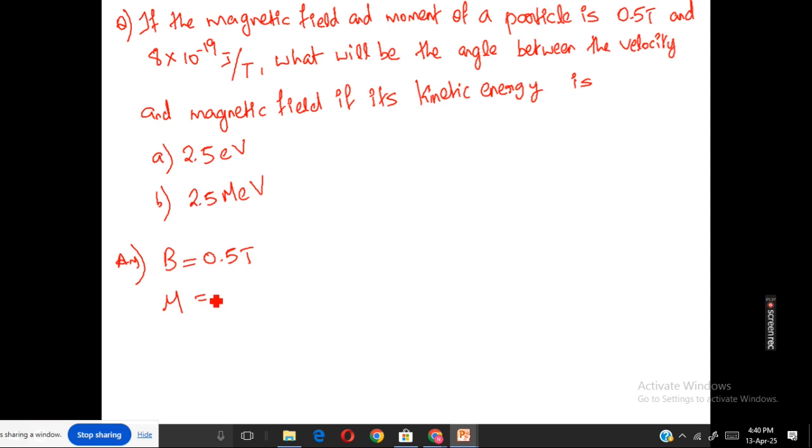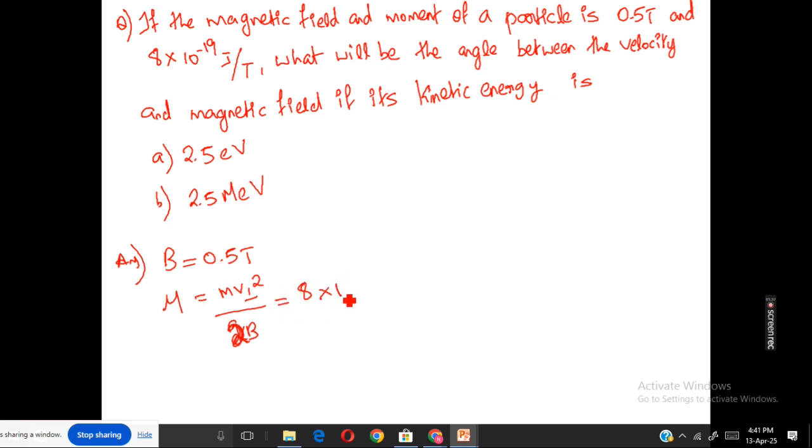Magnetic moment is basically m v perpendicular square by 2B, or kinetic energy by B. This is the magnetic moment.